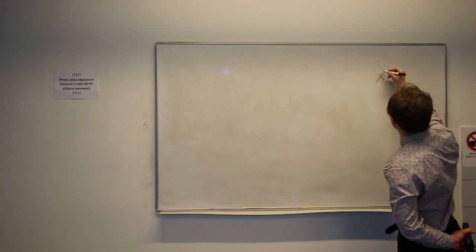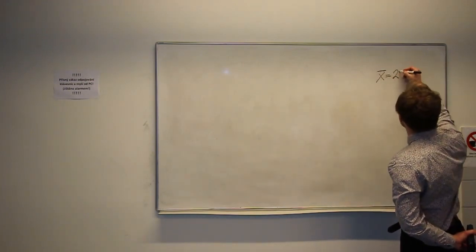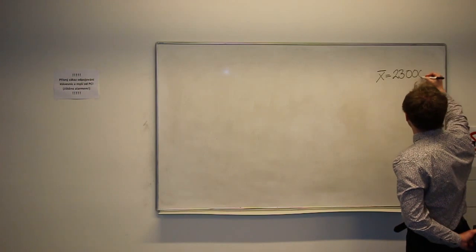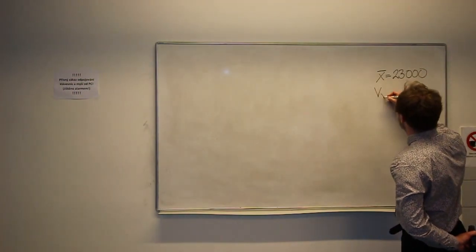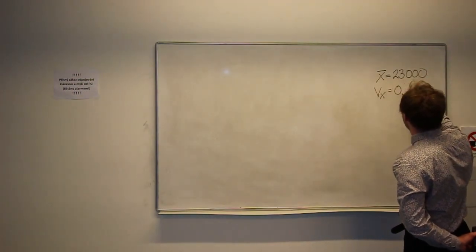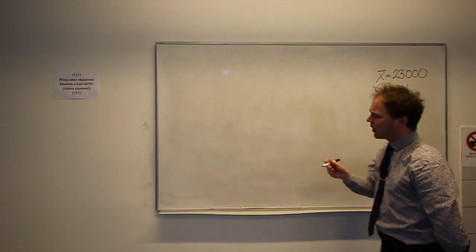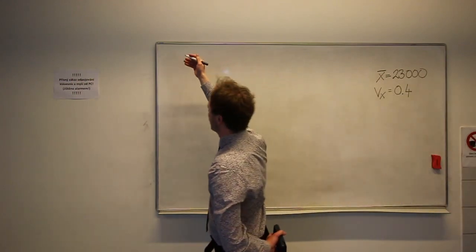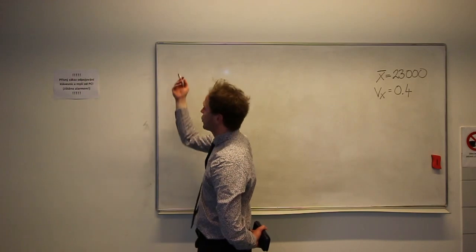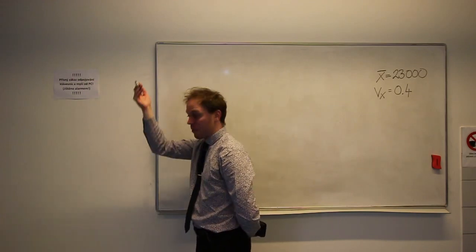Okay, so I will write here that the calculated mean is 23,000 and the variation coefficient is 0.4.